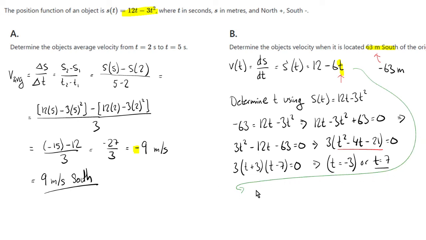So it's going to be 12 minus 6 times 7, which equals negative 30 meters per second, which means that we're moving 30 meters per second south.